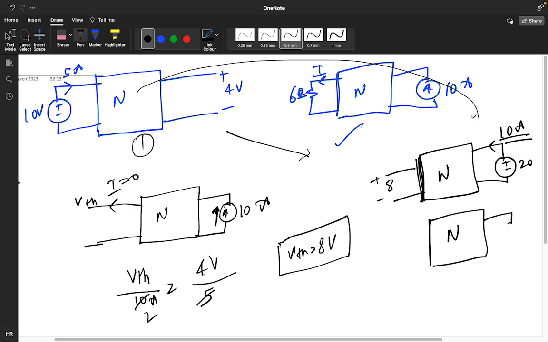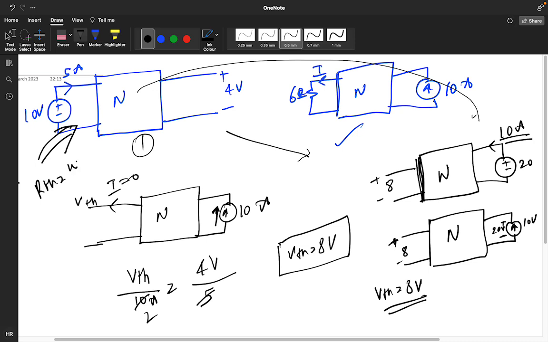We can represent these things like this: positive negative, and here 10 ampere current is flowing. That is 20 volt, and that is our positive negative 8. So I got the value of VTH as 8 volt, and I have to take the resistance value across these positions, so what is the RTH value? 10 divided by 5, 2.